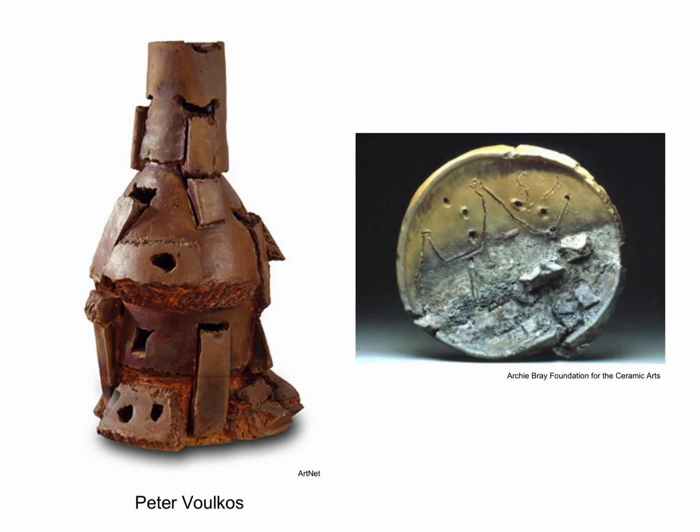And Peter Voulkos, through his teaching and through the making of his work, extremely large scale, with a very macho handling of the material, and deformation and deconstruction and reassembly, was very influential.